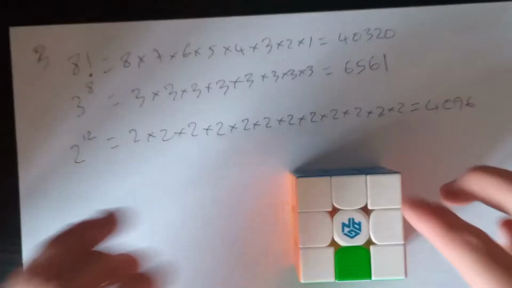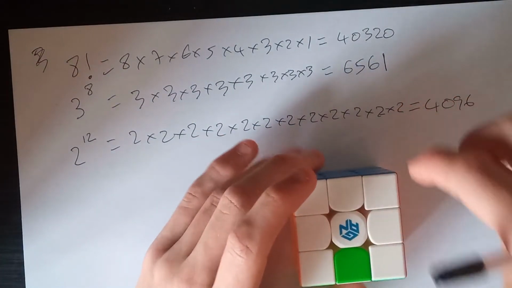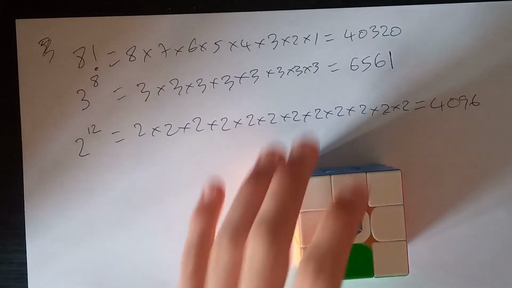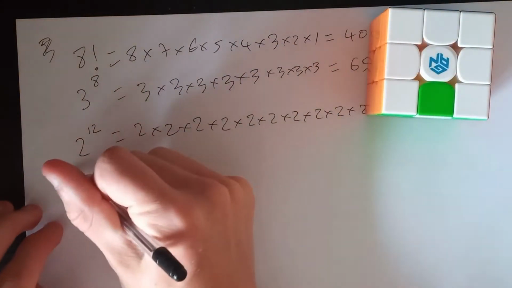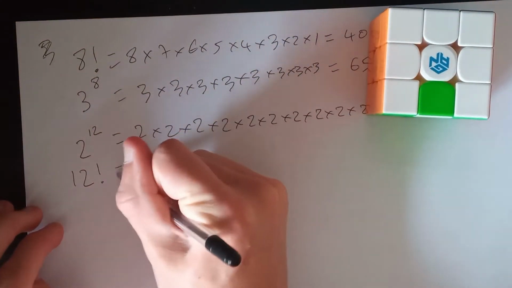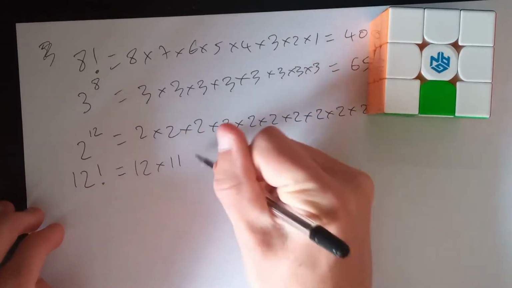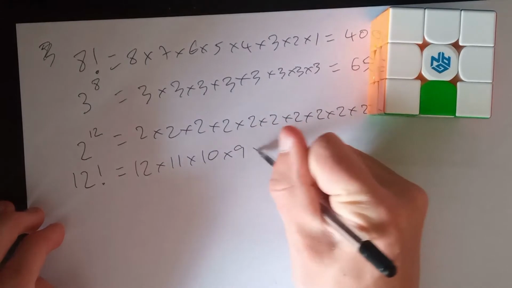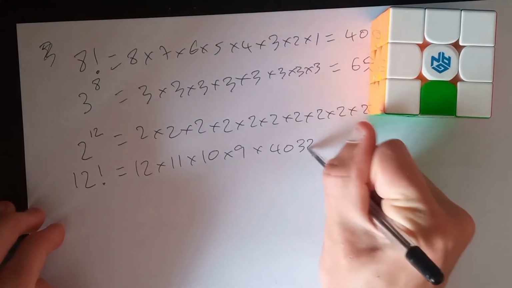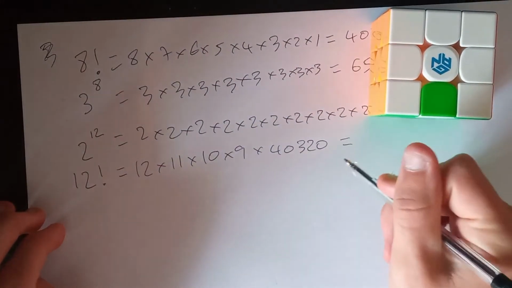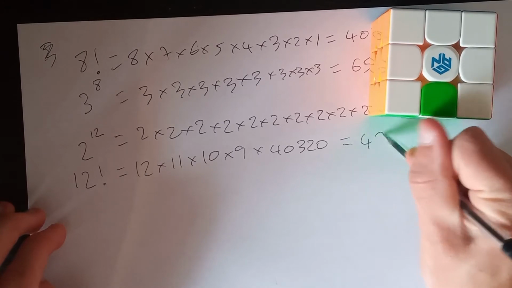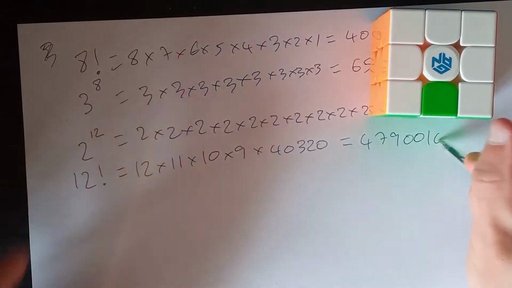Right, and the 12 edges can also be in all sorts of different positions, so we have 12 factorial, which is the largest number here: 479,001,600.